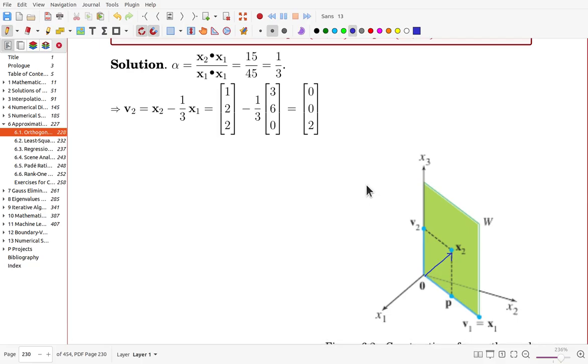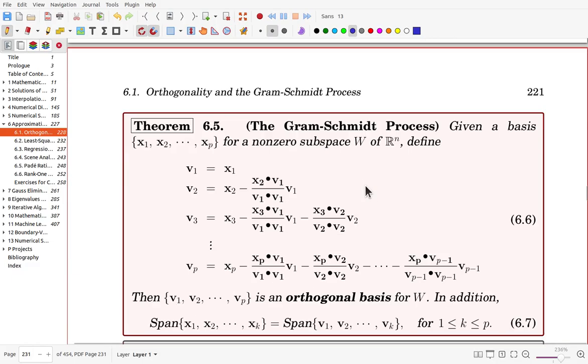We can generalize this process for an arbitrary number of linearly independent vectors. The Gram-Schmidt process: given a basis x1 to xp for a non-zero subspace W of R^n. Basis means that none of these vectors is the zero vector, and they are linearly independent, and their linear combinations span the given space.